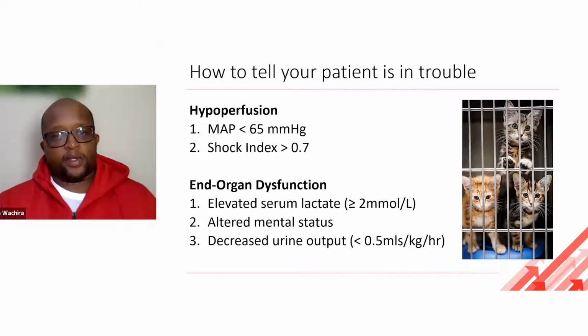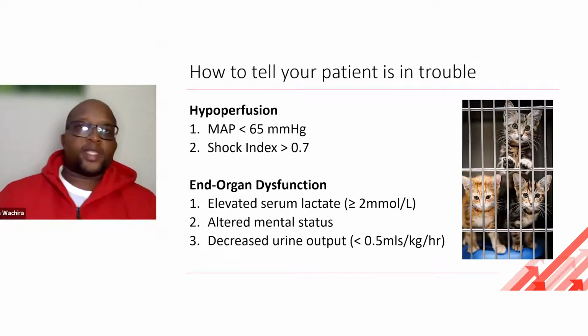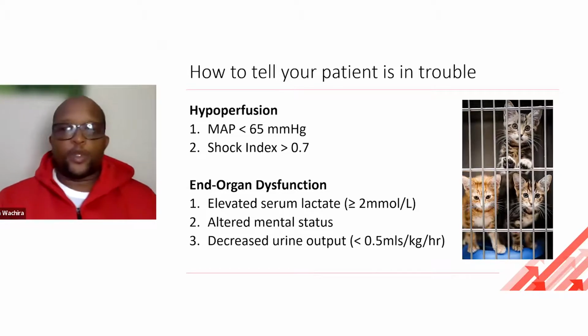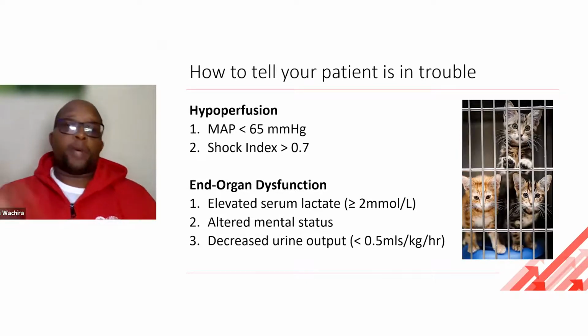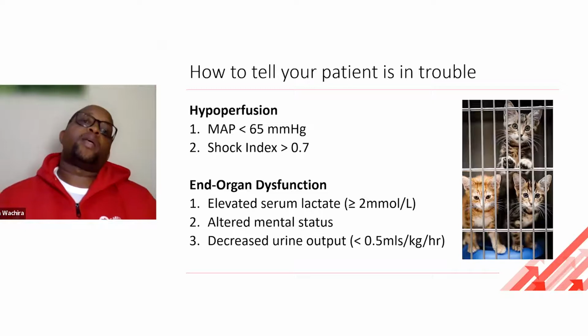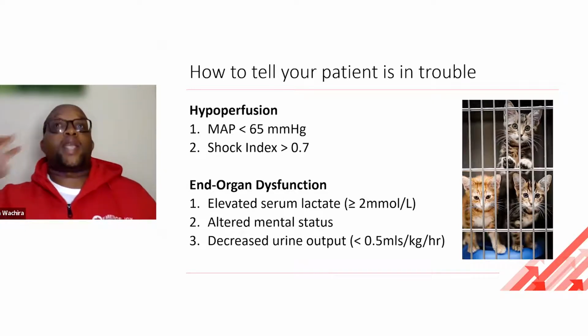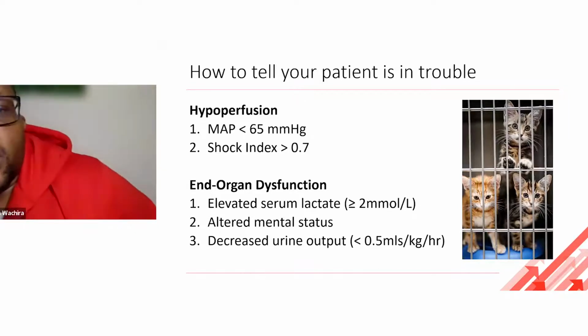Elevated serum lactate levels, altered mental status, decreased urine output. So these are now markers you can use. If you have end organ dysfunction, then you're already in shock, okay? But if you do not have organ dysfunction, then with low MAP, high shock index, is my patient potentially heading to that end organ dysfunction, heading to shock?